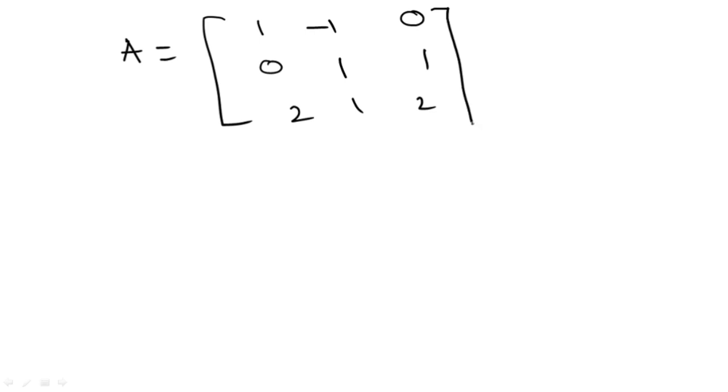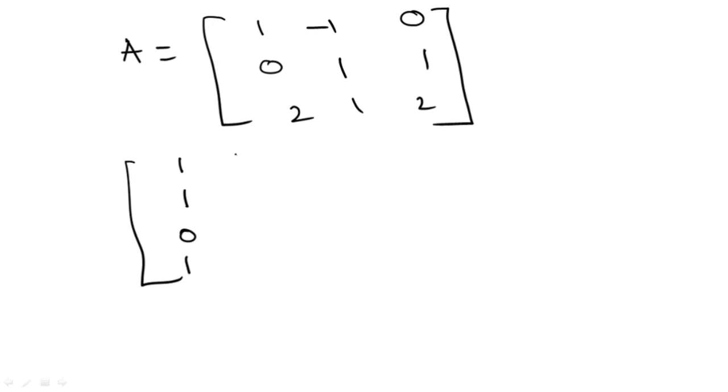Let us take an example. A is 1, minus 1, 0; 0, 1, 1; 2, 1, 2. We need to form a matrix. Starting with the second row with the middle element: 1, 1, 0, 1.